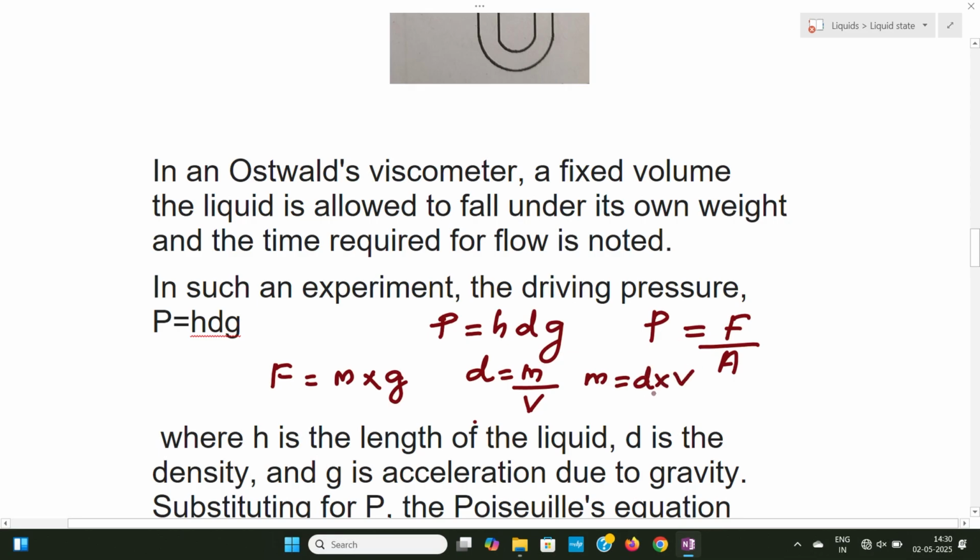Here, the volume is nothing but A into h, that is, area into height.